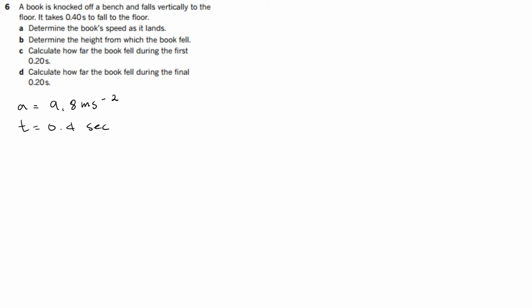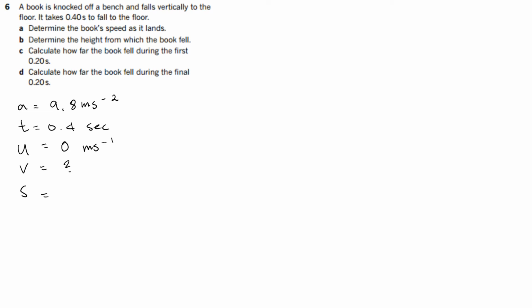Now we need u, v, and s, and we're trying to find v, the final velocity. The question says a book is knocked off a bench, so before it was knocked, the initial velocity was 0 meters per second.